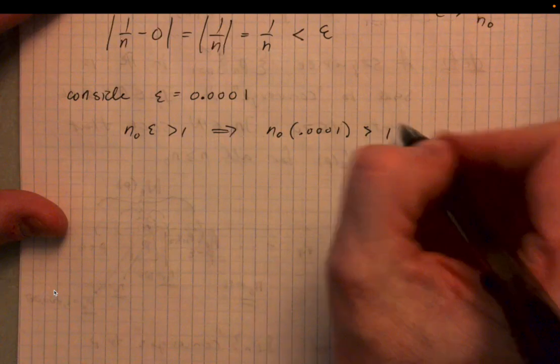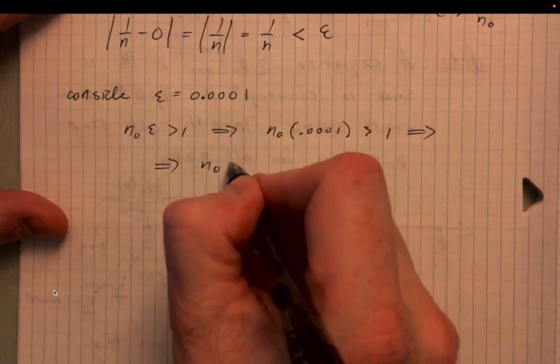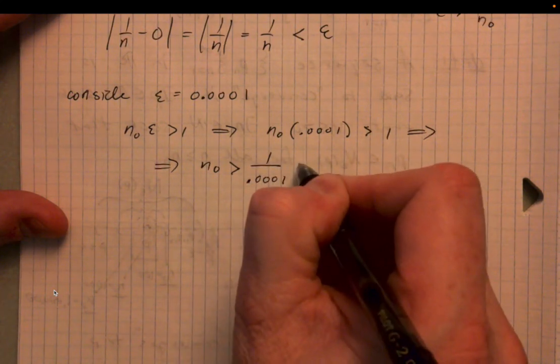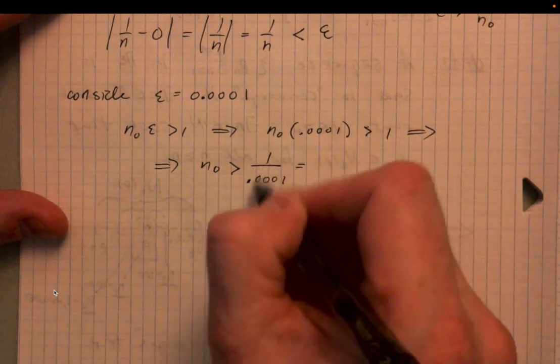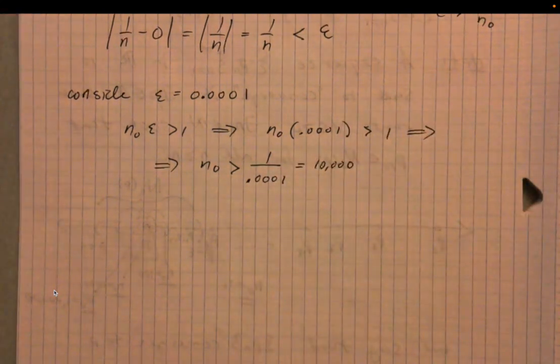Right? Well, then I can see clearly that n naught needs to be greater than 1 over 0.0001, which we know is, if you do that division, 10,000. Okay, so n naught, my n needs to be larger than 10,000.